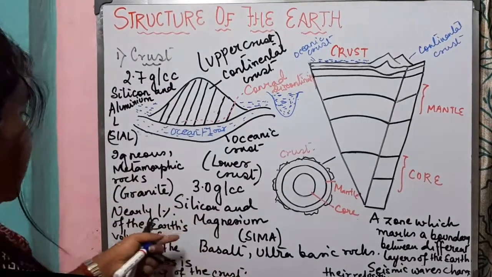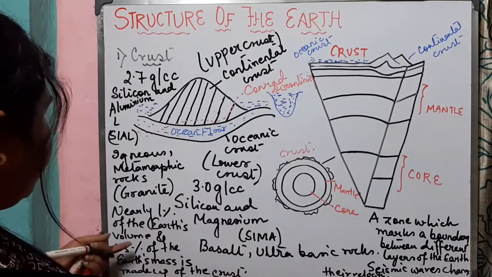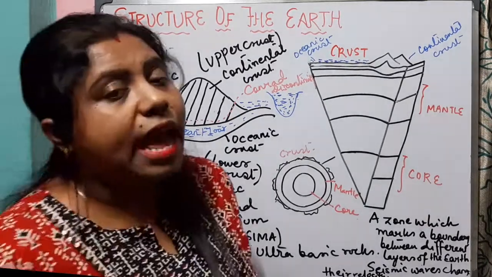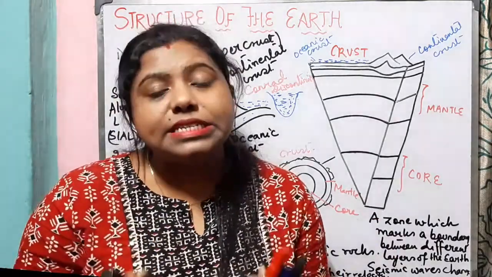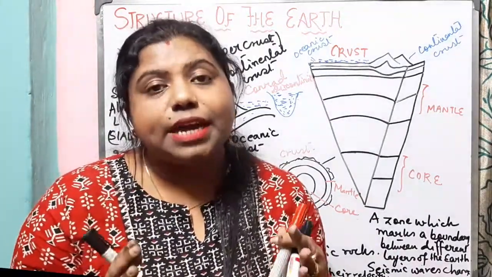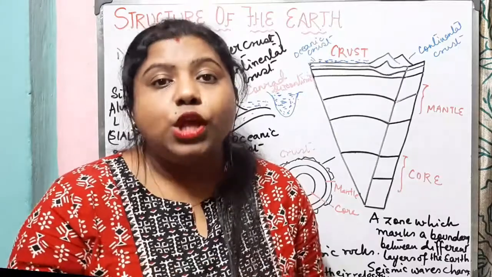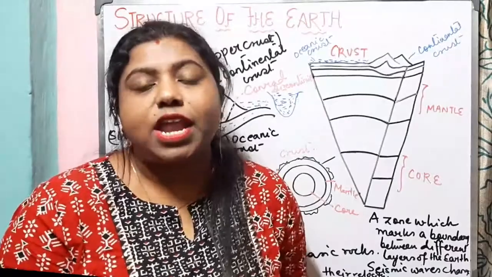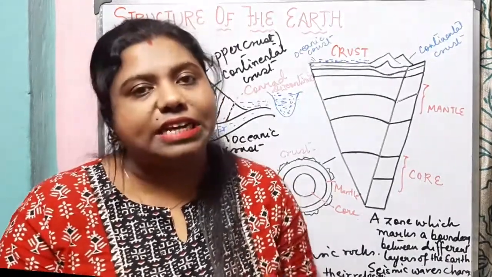If we talk about the mean density of the materials that compose the Earth's crust, it is 3 gram per cubic centimeter. Now, let us move ahead to know the next layer of the Earth, that is the mantle.